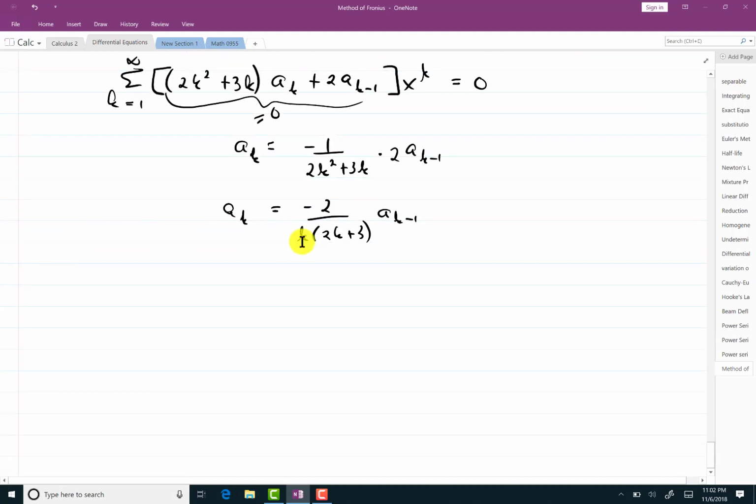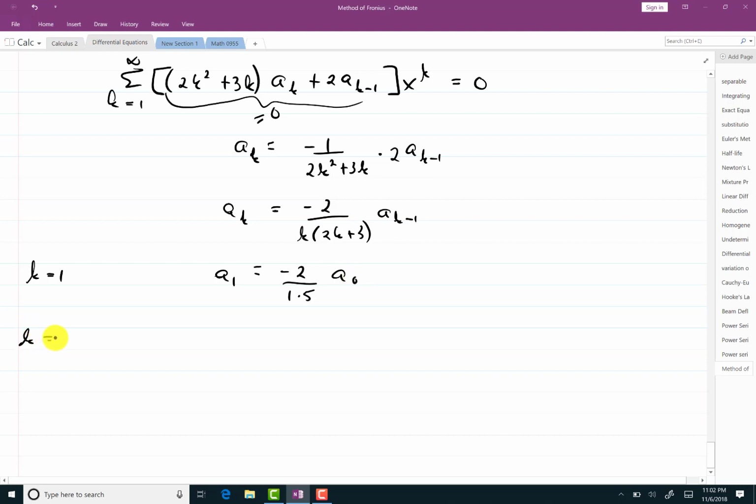And now let's go ahead and generate our coefficients. Now k starts at 1, so we'll start k equals 1. So I get a sub 1 equals negative 2 over 1 times 5, a sub 0.